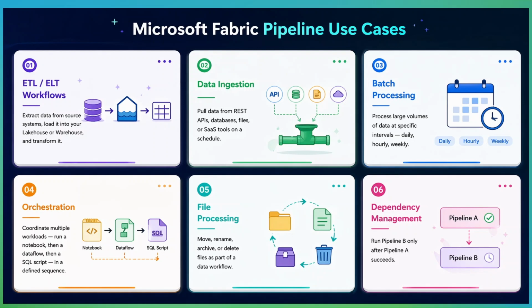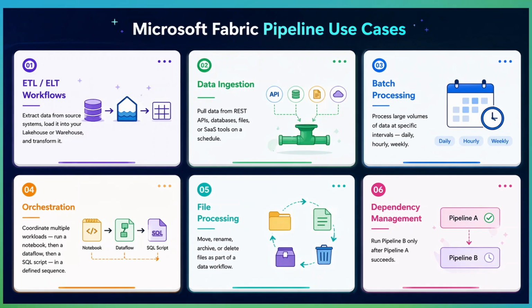And next is file processing. In this, a pipeline can manage files by moving, renaming, archiving, or deleting them as part of the workflow. And the last one is dependency management. Here a pipeline can enforce rules like only running pipeline B after pipeline A has successfully finished.